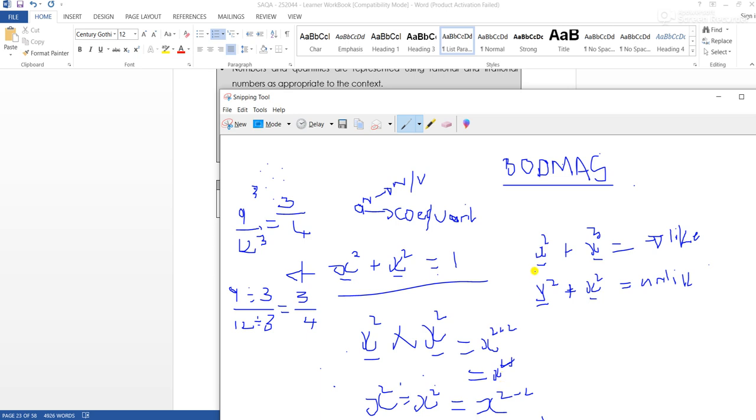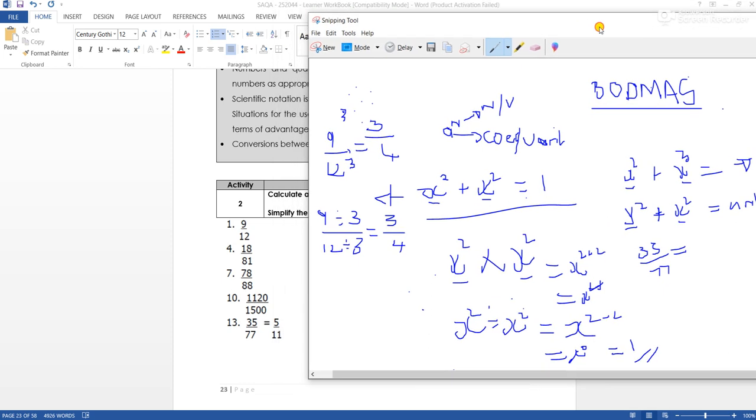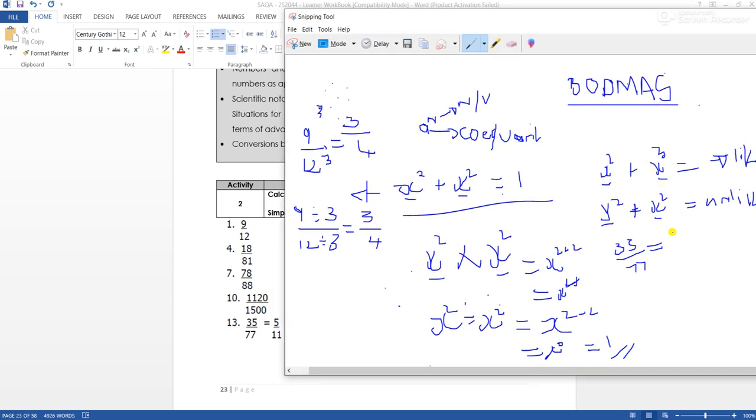Let's go to number 13. So we've got 35 over 77 equals 5 over 11. What we need to do is cross multiplication.